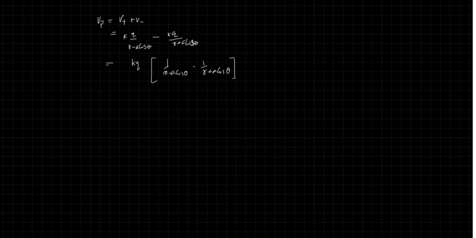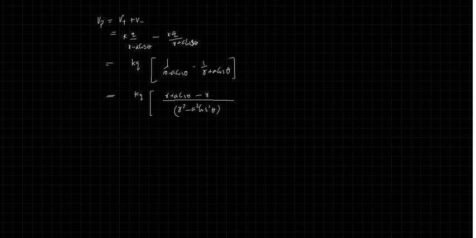Let us take the LCM of this one. So KQ over R square minus A square cos square theta. Then here I can write R plus A cos theta, and this is minus R minus A cos theta. So this one, plus is present, this should be minus.